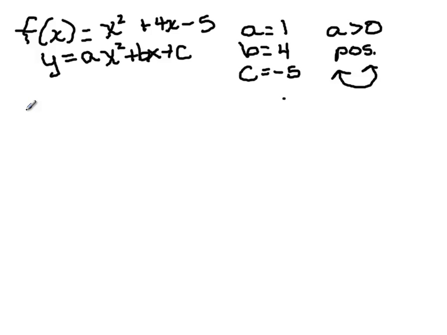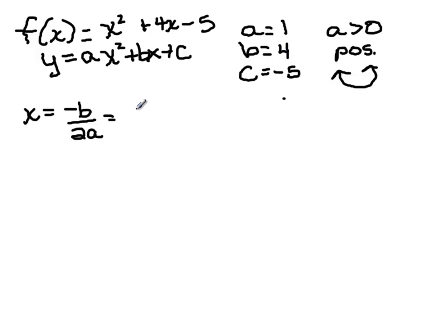So back to the vertex. My formula for finding a vertex is x equals negative b, or the opposite of b, divided by 2 times a. And I like to look at this negative b as making it the opposite sign of whatever b is.